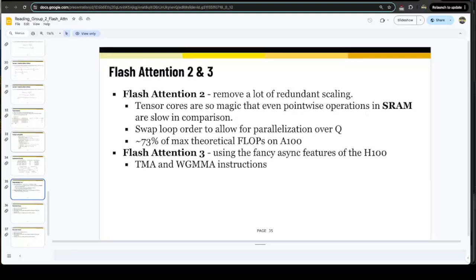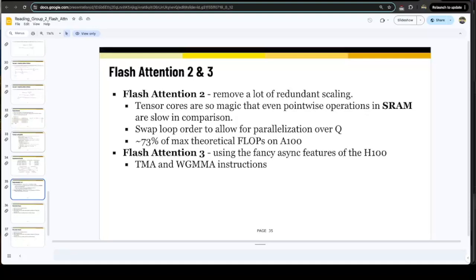They found they achieved about 73% of the max theoretical flops on an A100, which is a pretty impressive result, going from something strongly memory bound to getting a solid chunk of the theoretical peak.